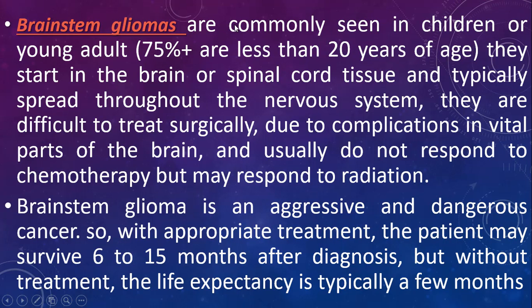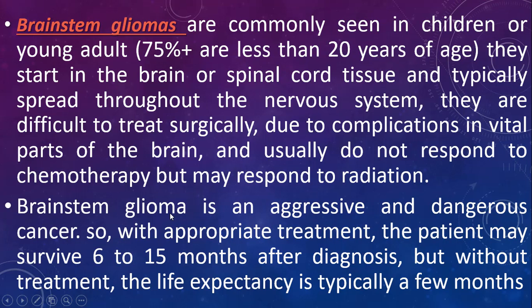Brainstem gliomas are commonly seen in children or young adults. More than 75% are less than 20 years of age. They start in the brain or spinal cord tissue and typically spread throughout the nervous system. They are difficult to treat surgically due to complications in the vital parts of the brain and usually don't respond to chemotherapy but may respond to radiation.